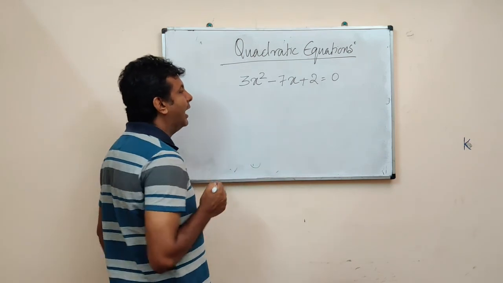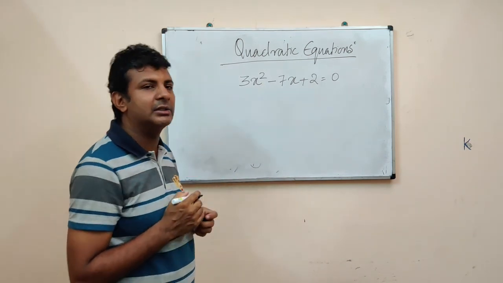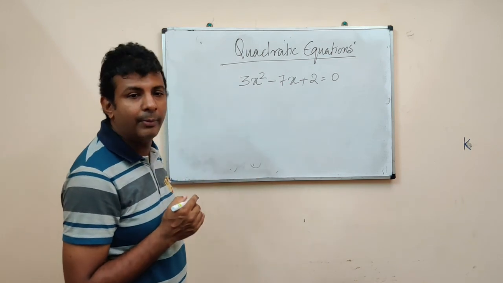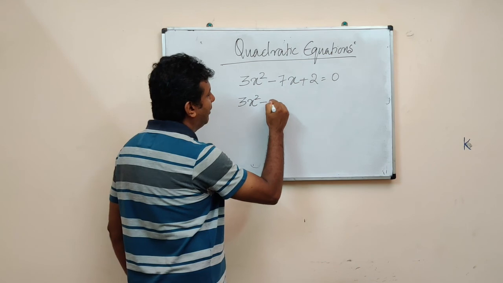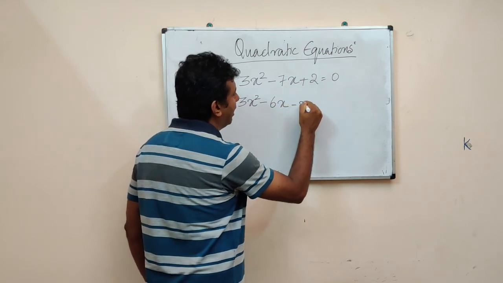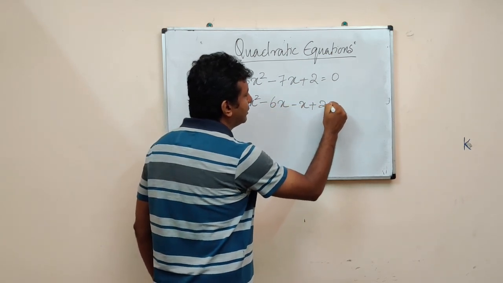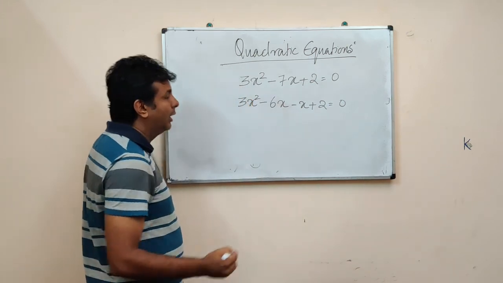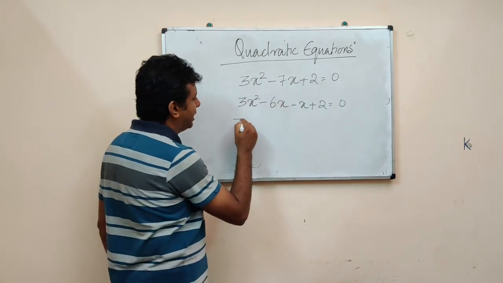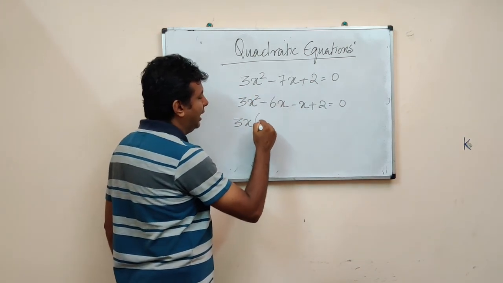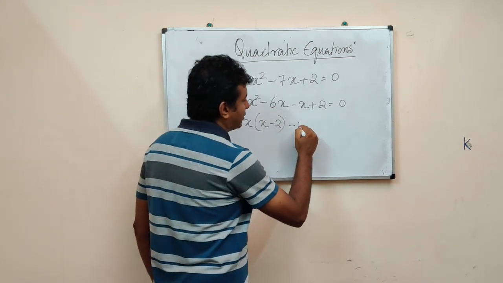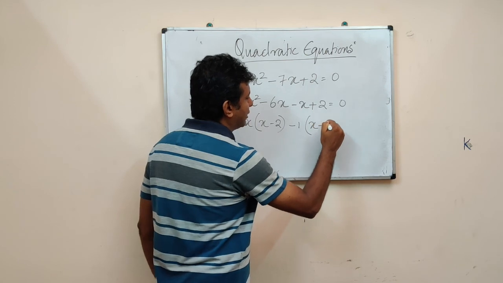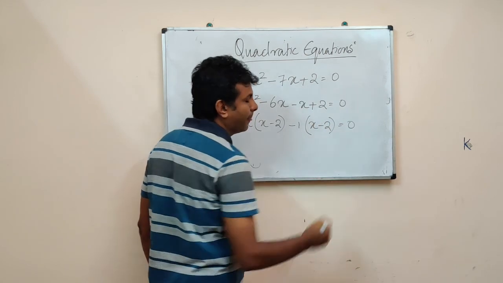Now from this, I understand that if I divide this 7 into 6 and 1, it will be profitable for me. And how do I do that? 3x square minus 6x minus x plus 2 is equal to 0. Now, from these two terms, I take 3x outside, I get x minus 2, minus 1 into x minus 2 is equal to 0.